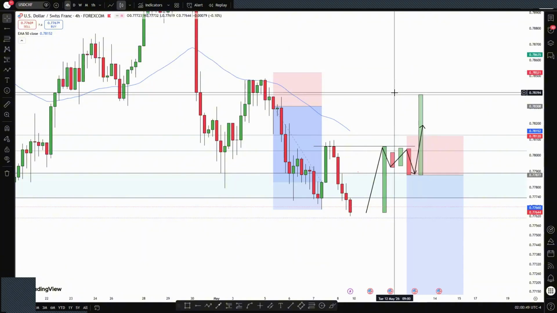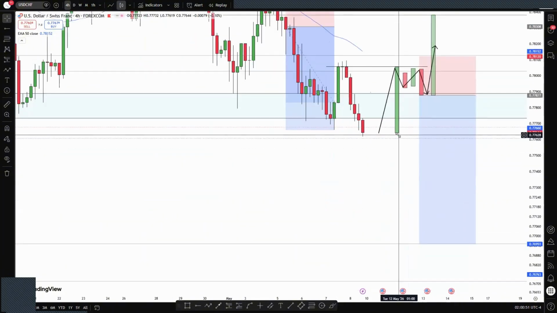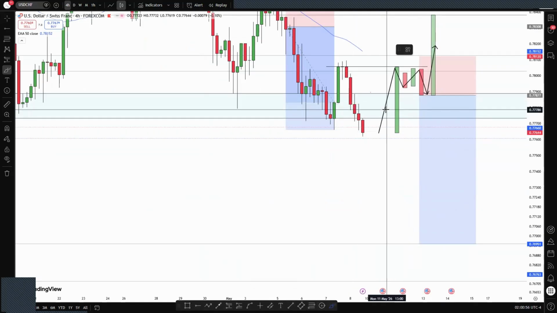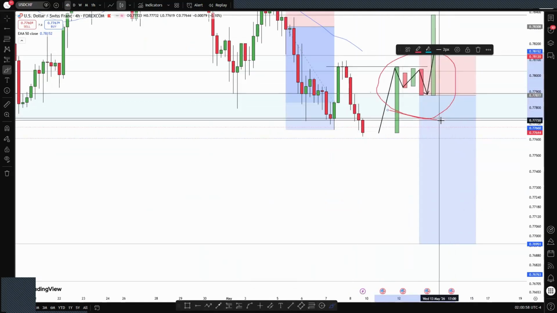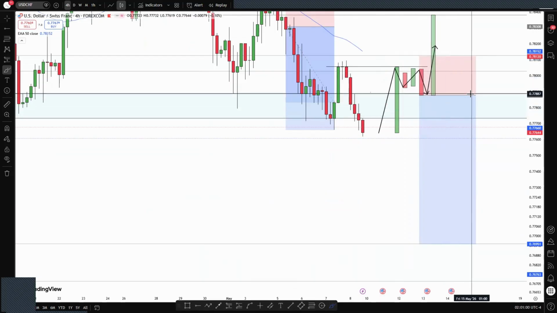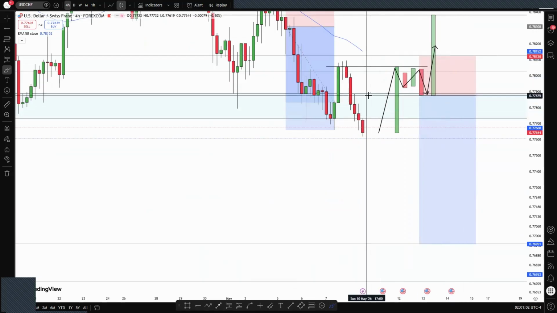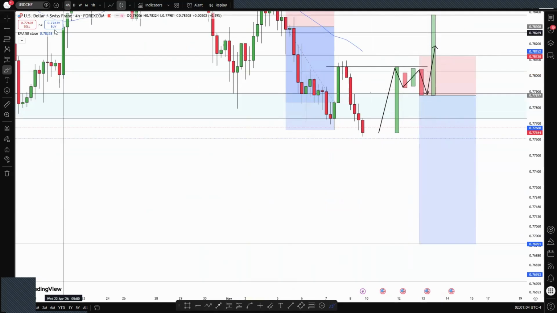So that's why once price is in this zone here, within this level here, we first do nothing, we wait and see what price will do. But for me, I usually do this.